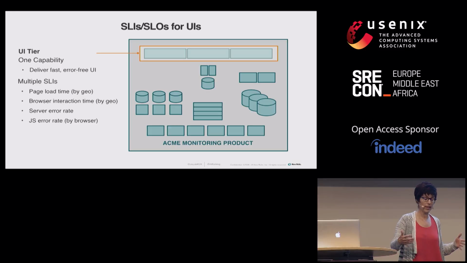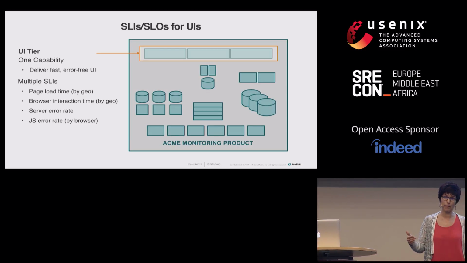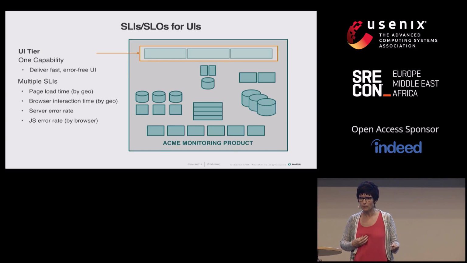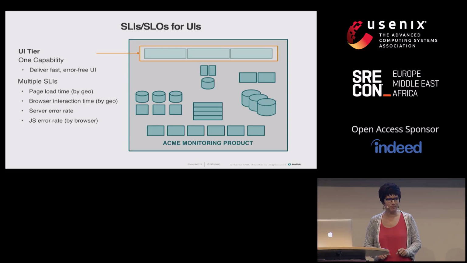This is a single page web app, so you might want to look at things like the interactions that are happening in the browser, like AJAX actions and DOM changes. And of course, you're probably going to want to pay attention to your server errors and your JavaScript errors. You might prioritize UX correctness for some browsers more than others. Lots of things to think about.